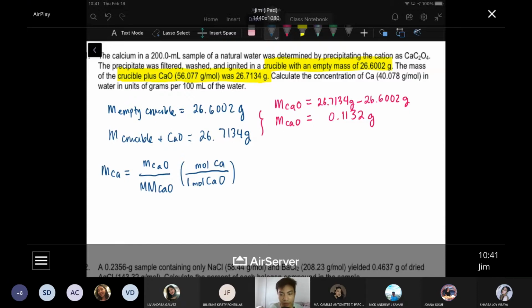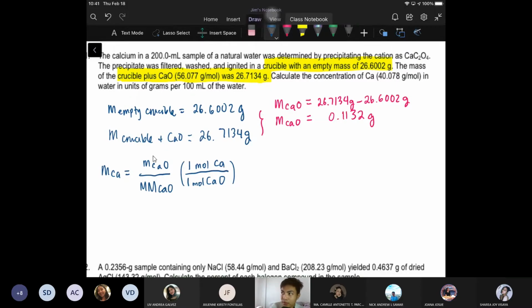Just look at the molecular formula. Calcium oxide, one calcium. That means for every mole of calcium oxide, you have 1 mole of calcium. So at this point in this equation, here we converted the mass to moles of calcium oxide. Here, we converted the moles of calcium oxide to moles of calcium.